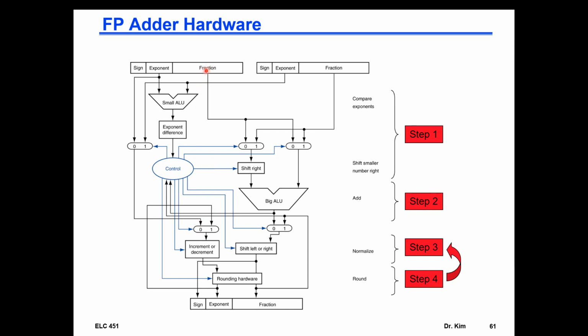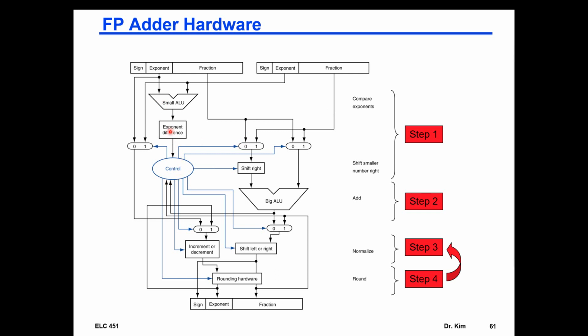And then we're going to bring the fractions, which are going to be, so sorry about that. The exponents are not going to get shifted. They're going to be retained, but the fractions are the ones that are going to get shifted according to the difference in the exponents. That's what I wanted to say.